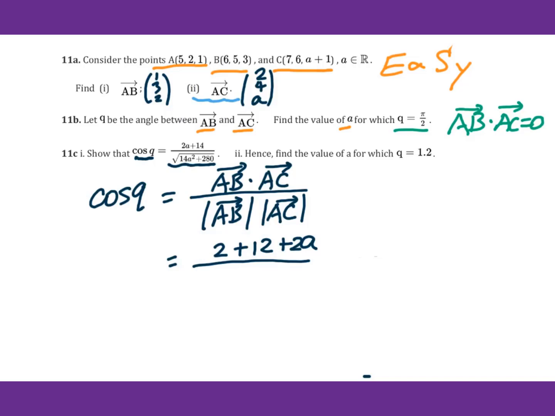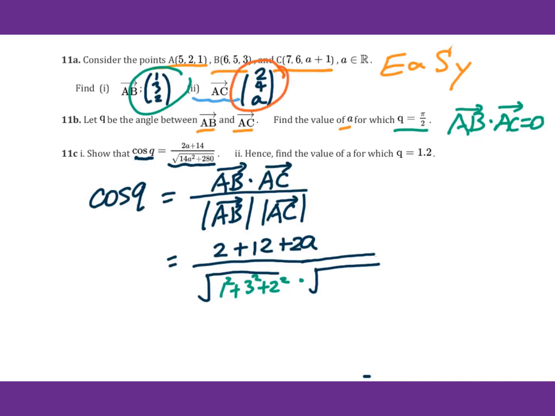For the magnitude of AB, you could see that I get from here the square root of 1 squared plus 3 squared plus 2 squared. Times the square root for the magnitude of AC. That is 2 squared plus 4 squared plus a squared.